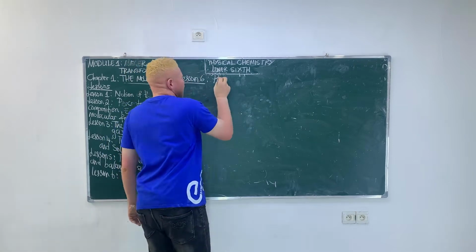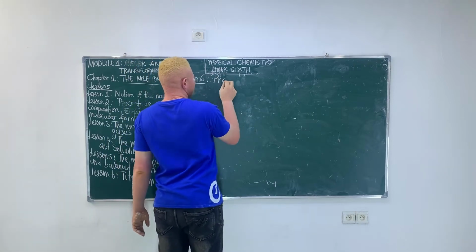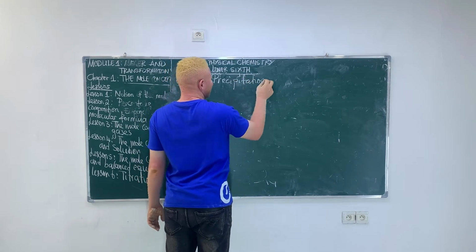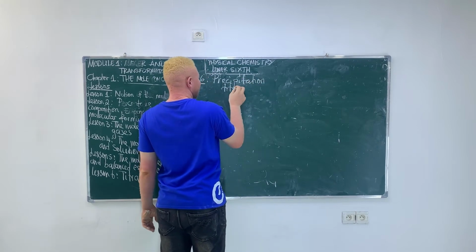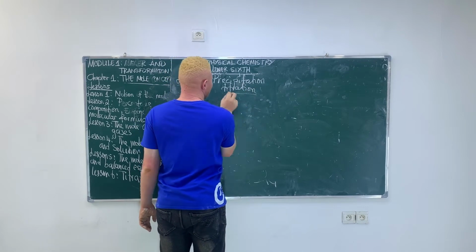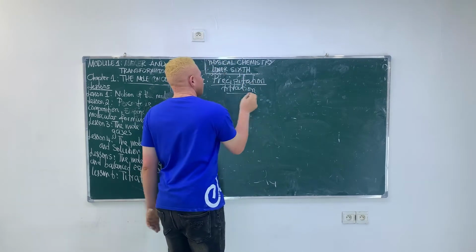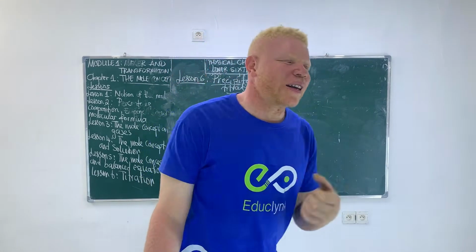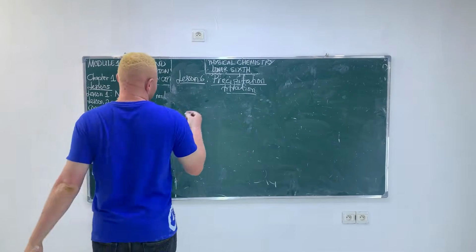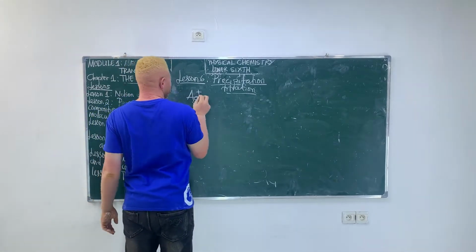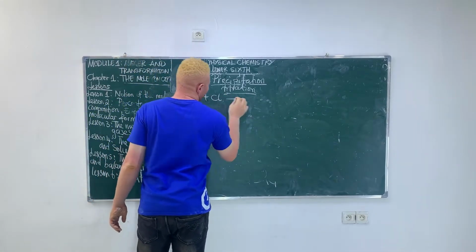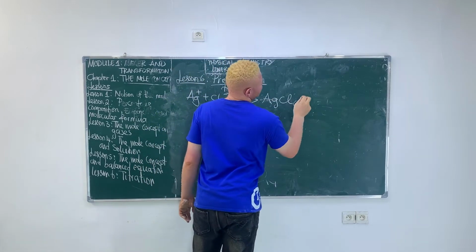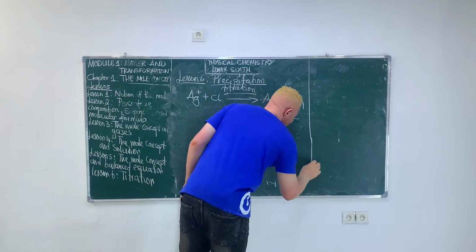Now we're going to see precipitation titration. In precipitation titration, obviously we are going to have a reaction whereby a silver ion, Ag+, reacts with the chloride ion to form AgCl, which is a precipitate.